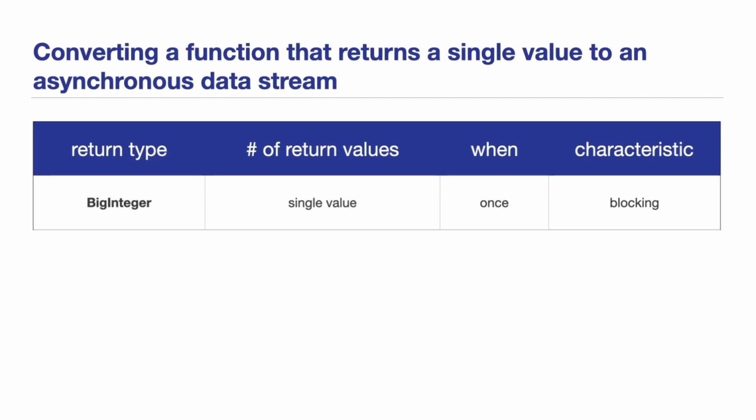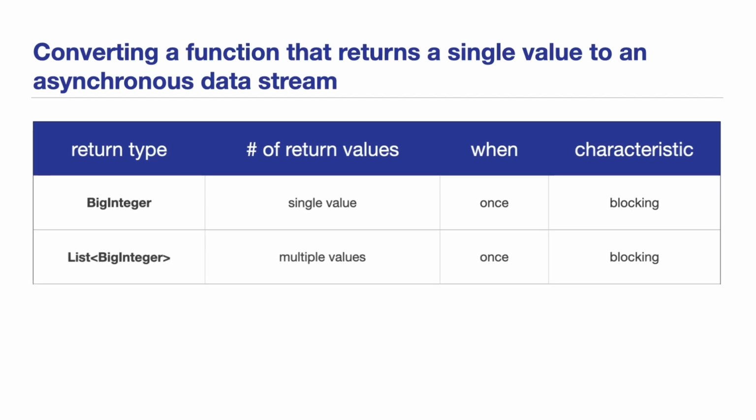And while the calculation was running, the main thread was blocked. Then we changed the function and returned a list of BigIntegers with all the intermediate results. This way, we received multiple values, but also only once when the whole calculation was completed. Again, we blocked the main thread.